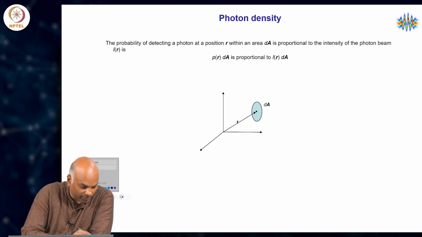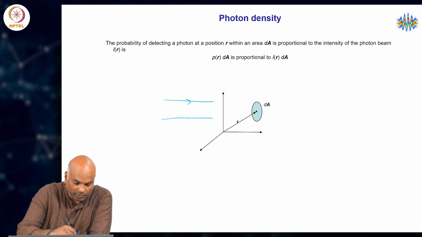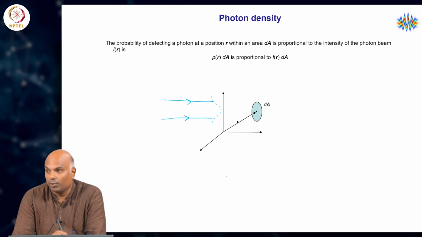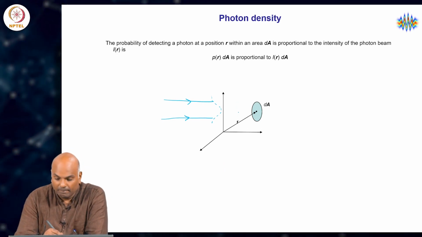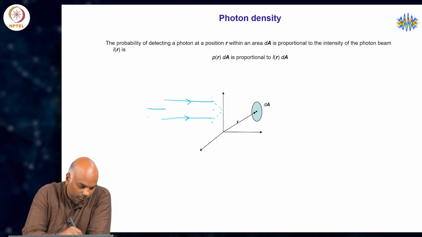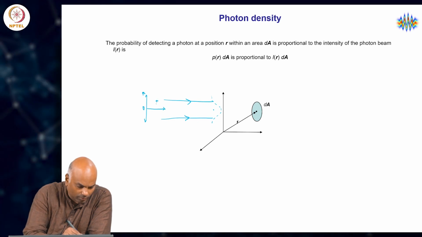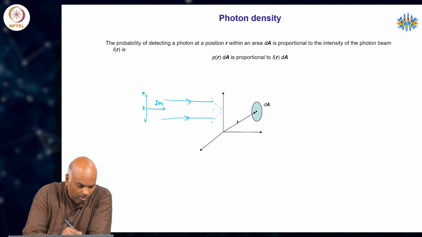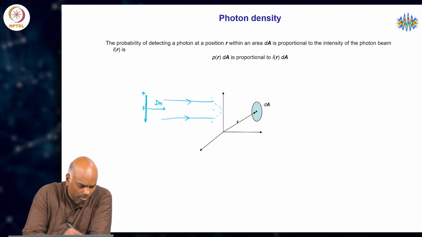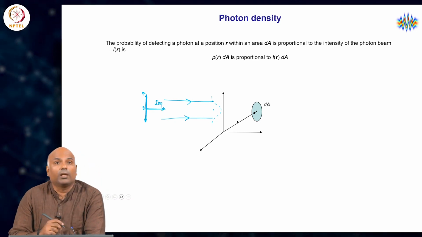For a beam of light, as we saw yesterday, which you can consider to be something like a laser beam with a Gaussian profile, this beam has an intensity defined at every point along the transverse coordinate, which is r, right. Just take an axis like that.